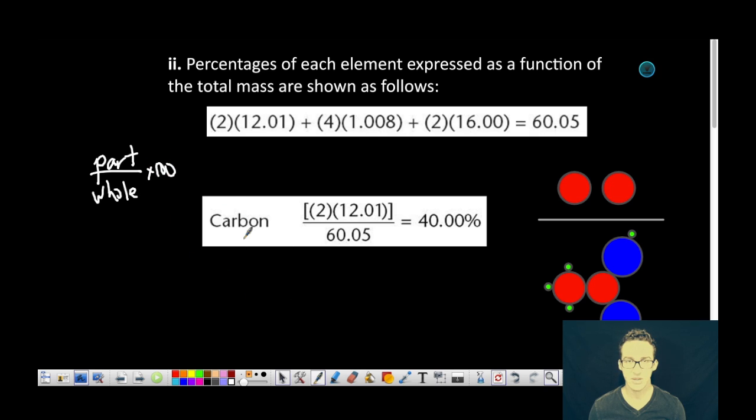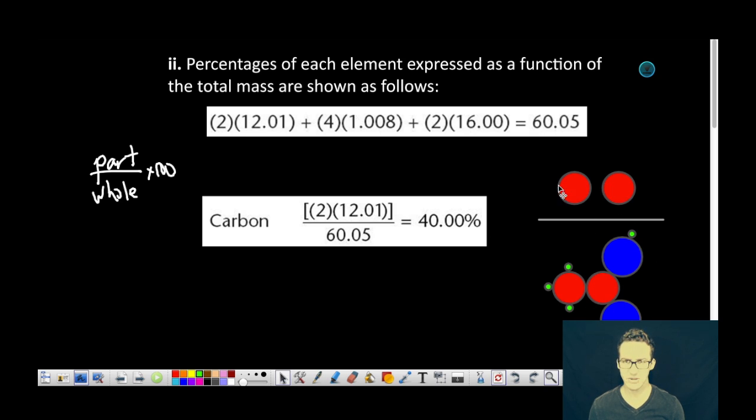And so as you look at the example with carbon here, we've taken the 2 carbon atoms, added them together, or multiplied 12.01 by 2, divided by the total mass of the compound here.